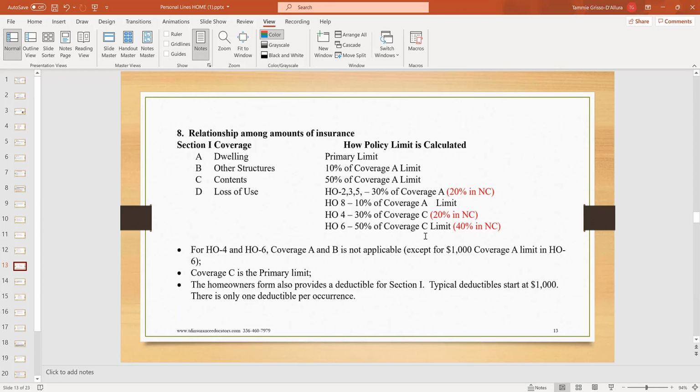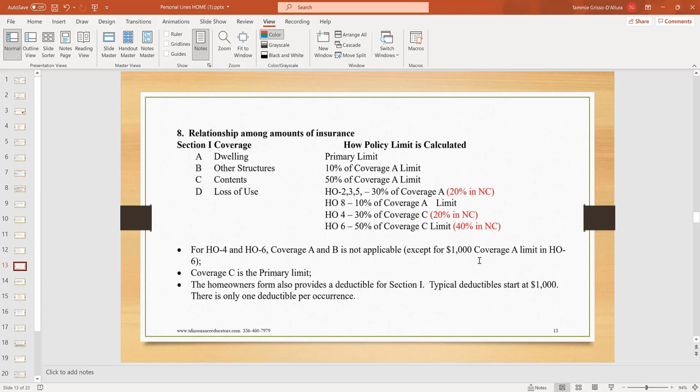And then they give you a little bit more coverage for coverage C. Now, remember, North Carolina, you guys have a little bit of a different percentage there. Now, for your HO4 and HO6, again, your coverage A dwelling and your other structures is not applicable. On your condo, your HO6, you do have a $1,000 limit. Now, some states may be $5,000, so be sure to check your states, but they will give you an automatic coverage of that.